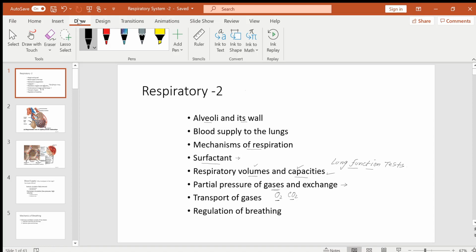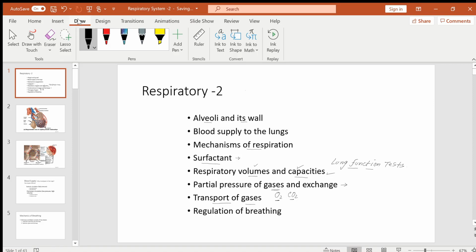So we'll see the pressure at different locations and how the pressure difference moves the gas from one place to another in the lung and in the tissue. Okay.